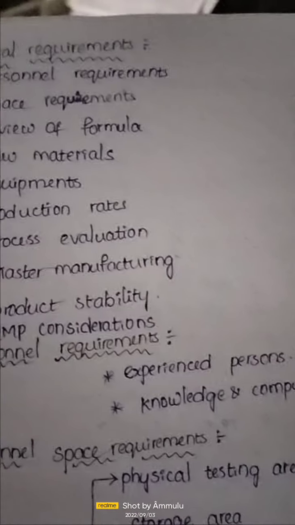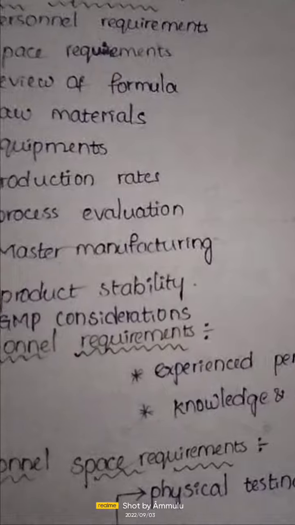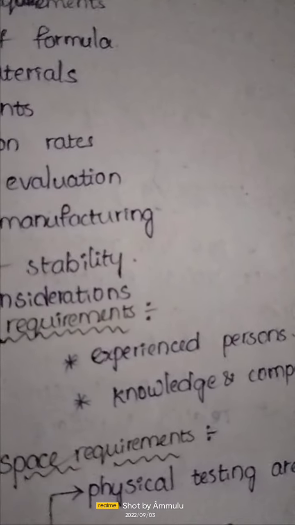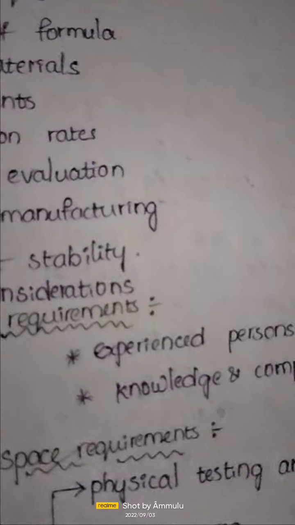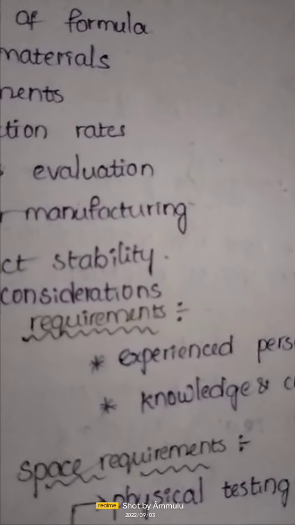How will the review be given to that formula? For the formulation, for each ingredient and its contribution to the final product, a small scale laboratory will be used to understand the equipment and also production.